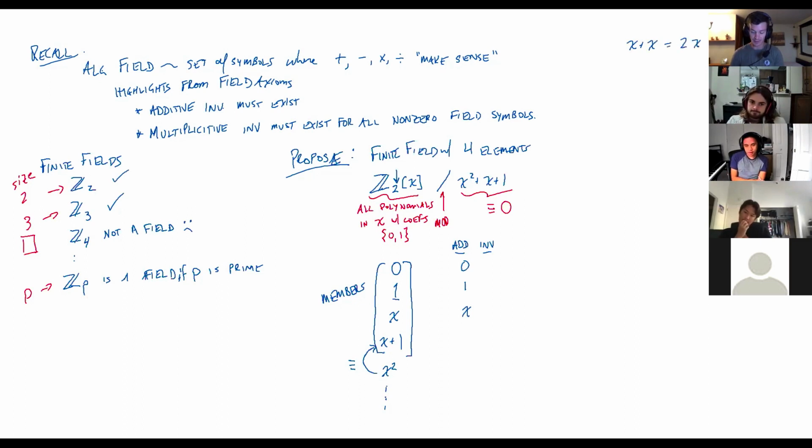No one's going to fight me on that. But remember, 2 is equivalent to 0. So I get 0x. And so I think you're seeing a pattern, actually, that in this particular field, if I add anything to itself, then I get to 0, because all of the coefficients are mod 2. Right. This is our XOR.